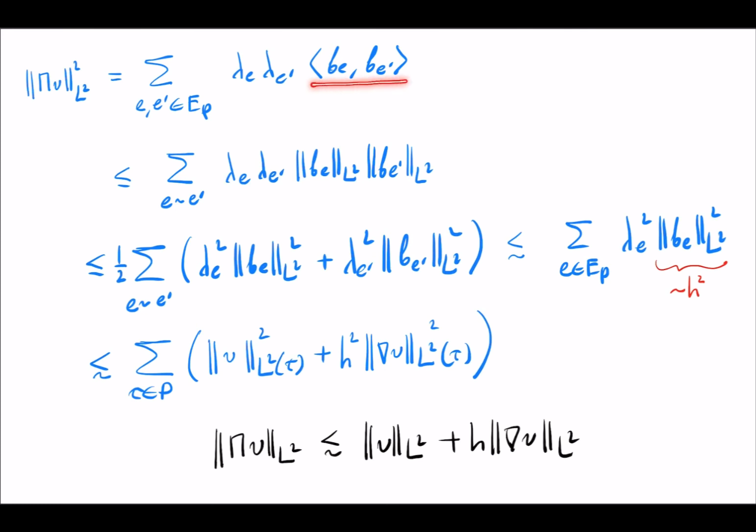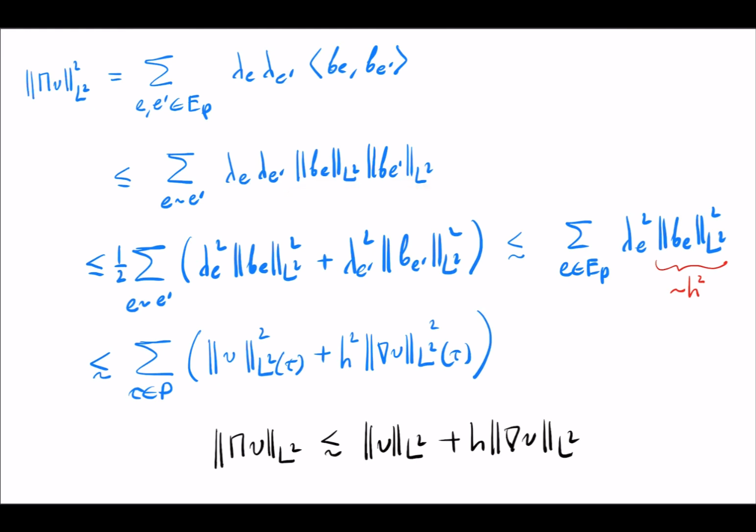This L2 inner product will be non-zero only when e and e prime share a triangle or they are identical. So let's say this relation means either e is equal to e prime or e and e prime share a triangle. So here we simply used Cauchy-Schwarz.